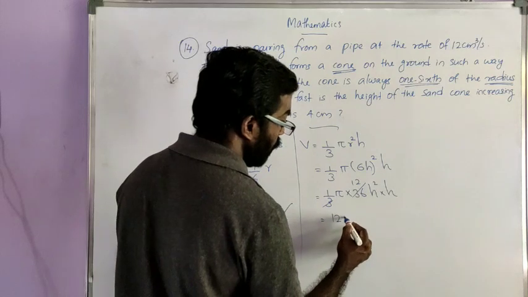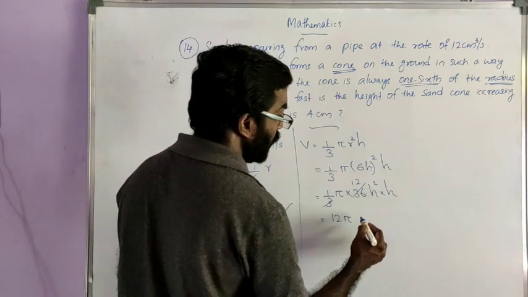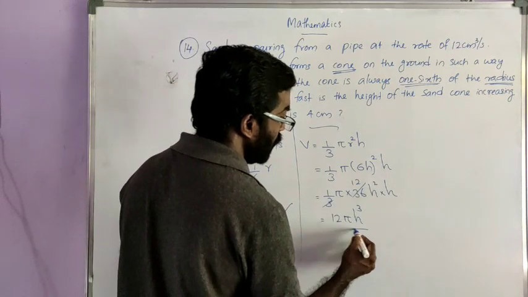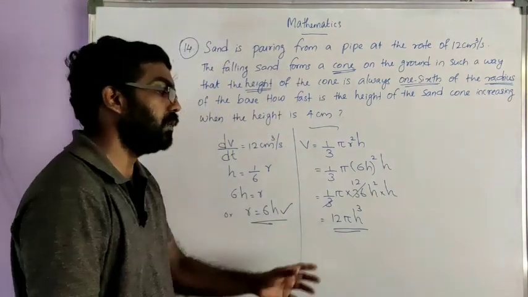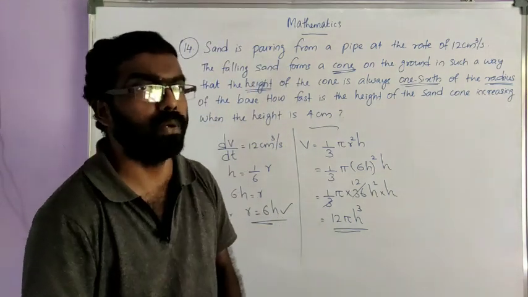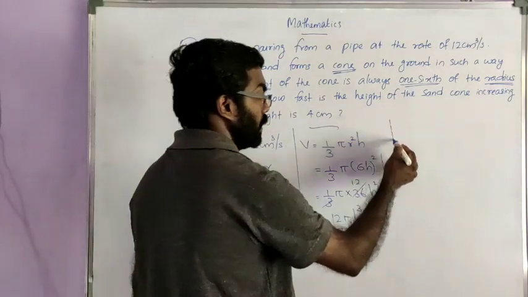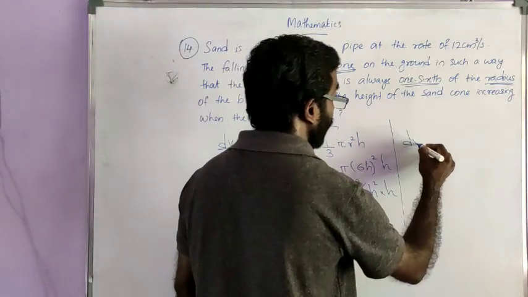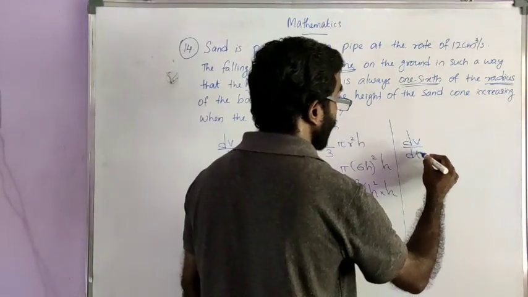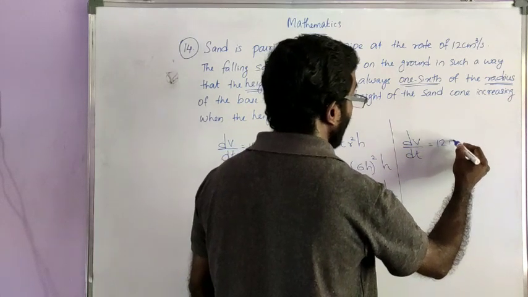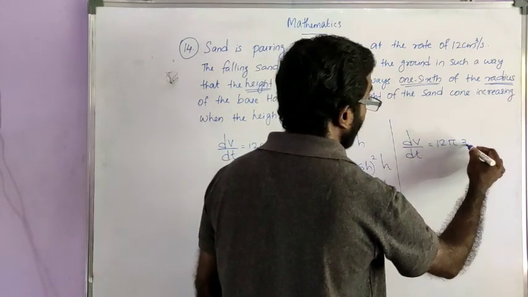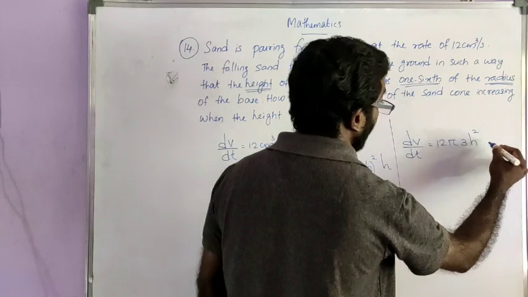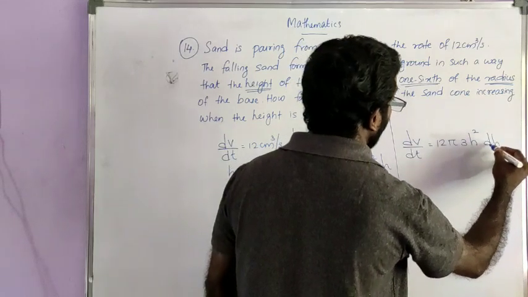So 12 pi h square into h is h cube. So the volume is now 12 pi h cube. Now we can take the derivative. dV by dt is equal to 12 pi into the derivative of h cube, 3h square into dh by dt.